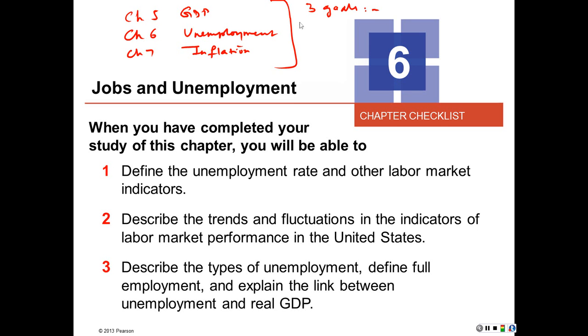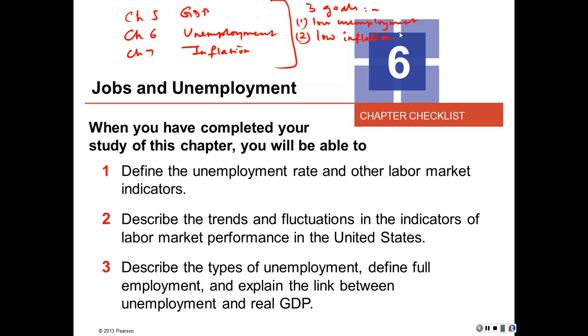And one goal is to have low unemployment. This is the goal of really every country. Low unemployment. Right? The second goal is to have low inflation. Countries in which the cost of living rises too rapidly are countries that really want to reverse that process, correct?